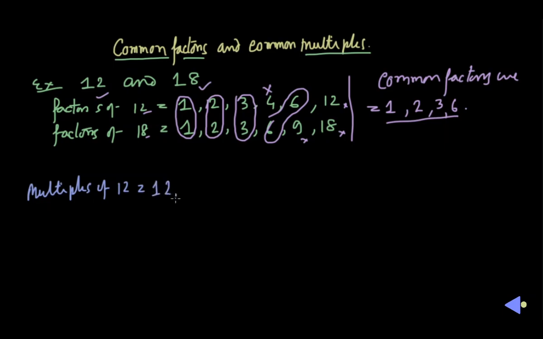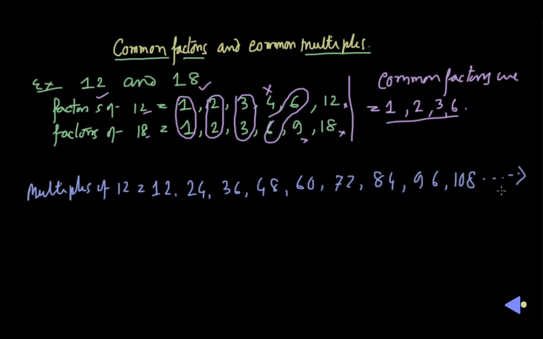That means 1 times is 12, 2 times is 24, 3 times 36, 4 times 48, 5 times 60, 6 times 72, 7 times 84, 8 times 96, and next again 12 more, 108. It goes on and on up to infinity. There is no maximum value of multiples.